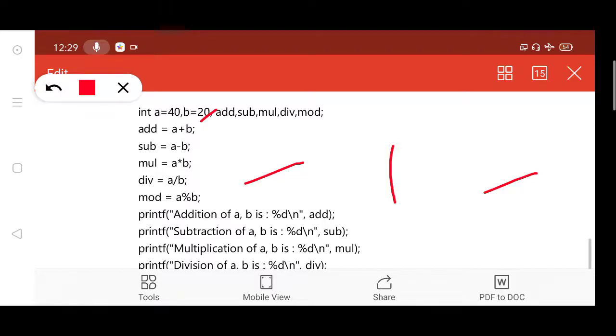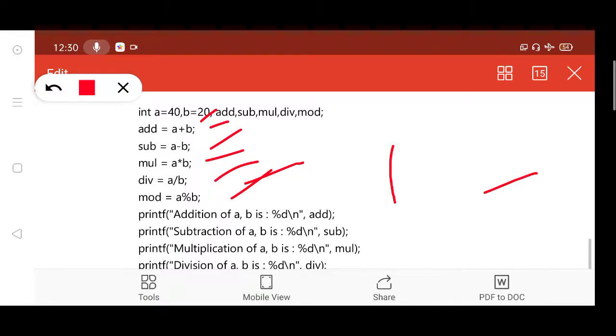The program performs the addition of two numbers. Add a plus b. Then next one is subtract a minus b. Multiplication a star b. Division a by b. Modulus a percent b.